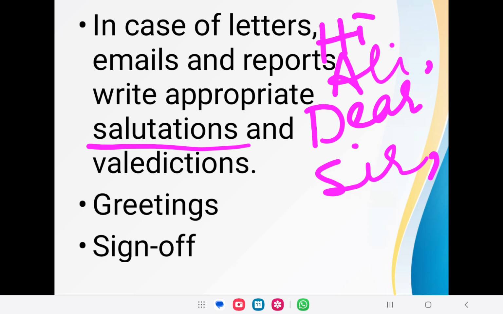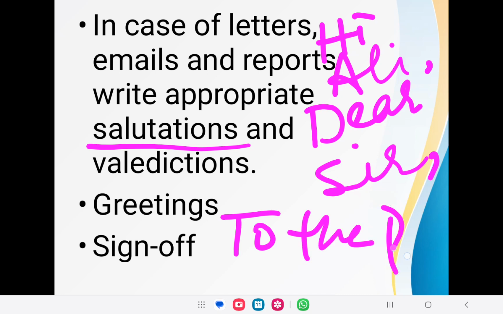If that is a report, you can write to the principal. These greetings, the way we start our letter, are called salutation.